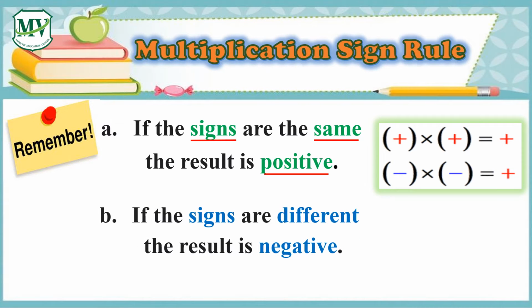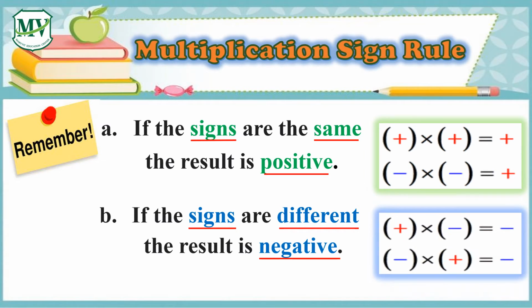Letter B. If the signs are different, the result is negative. That means positive times negative equals negative, and negative times positive equals negative. Do not forget this multiplication sign rule.